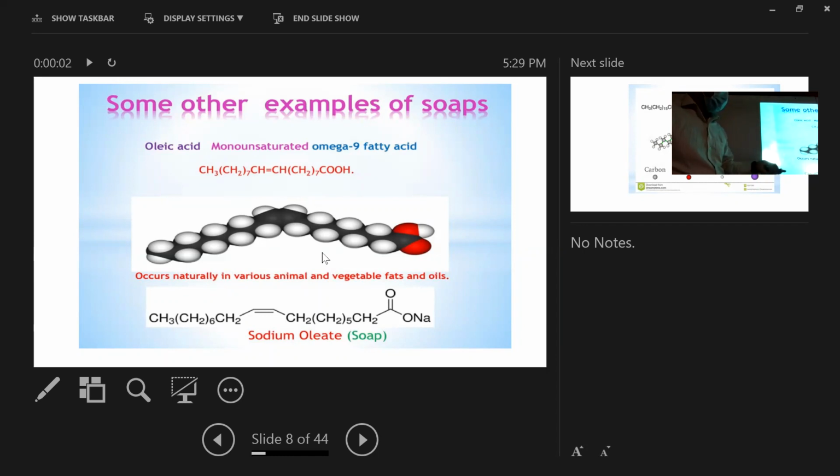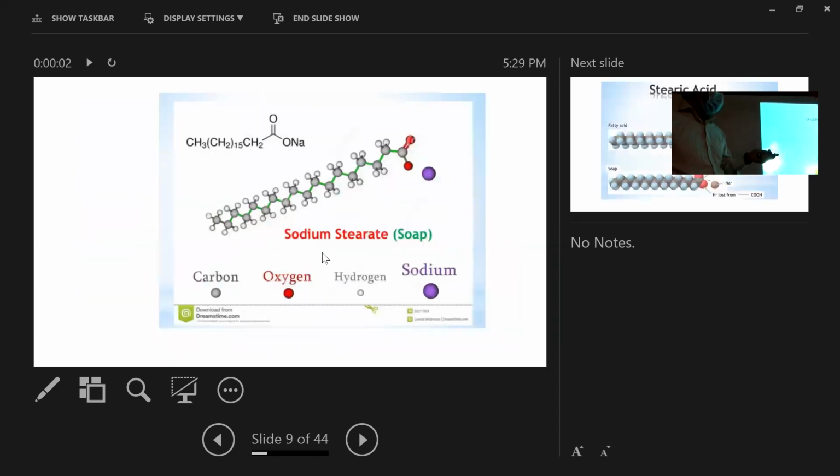Sorry, this is another soap. So we have some examples. Sodium stearate, which we use most of the time. This is the most useful soap, sodium stearate. From when I started to learn about soap, maybe class 9, 10, since then I have been familiar with this compound.